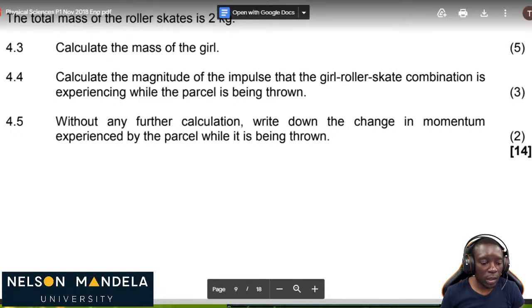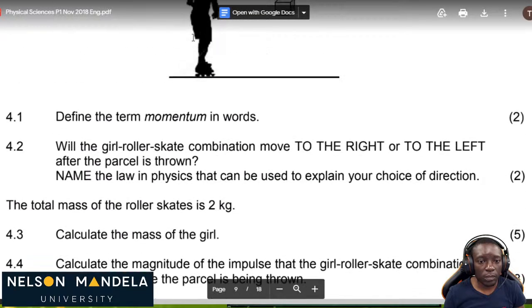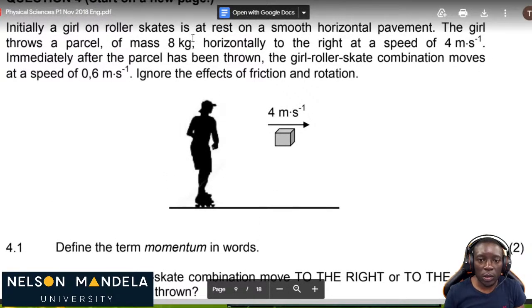I think we are given some extra piece of information again there. Let's see. So the girl and roller skate combination moves at a speed of 0.6 meters per second. So we ignore friction and rotation. Then we're given V of the girl and roller skates.